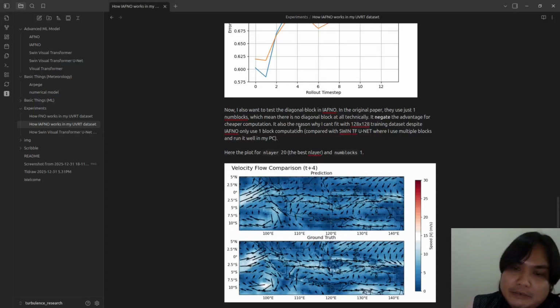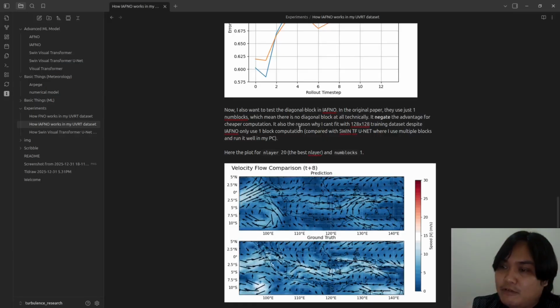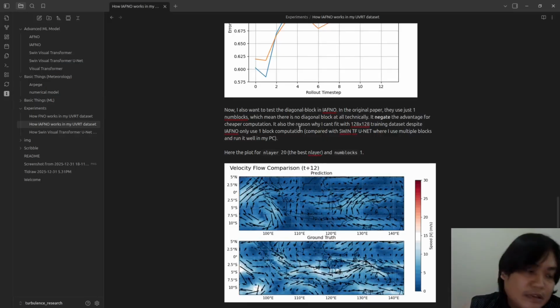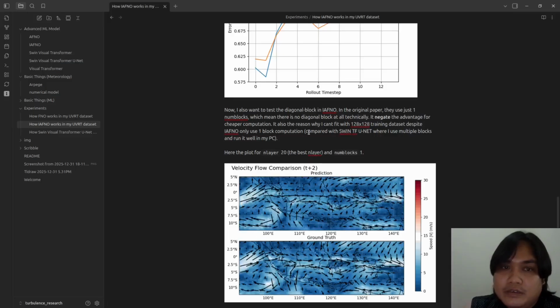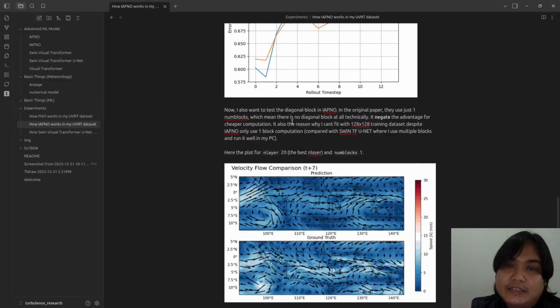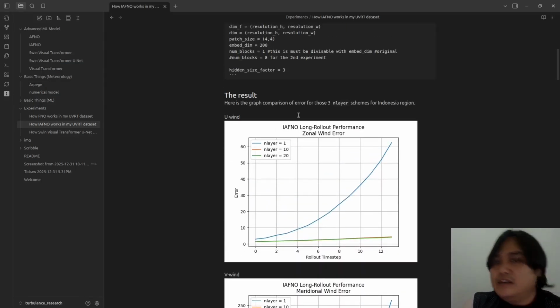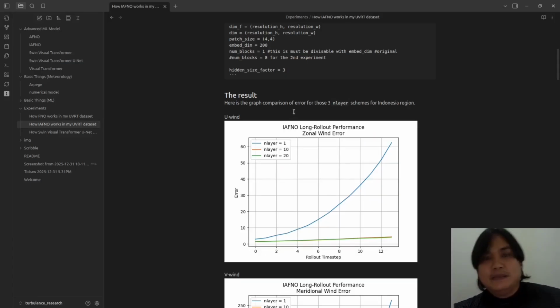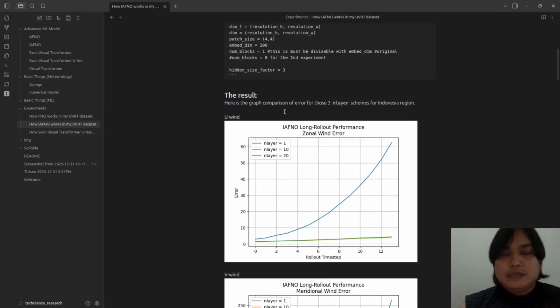That's why I want to test if 8, 4, or 10 can really work in the IAFNO model for my case. I already did the experiment, so now I will explain the results.